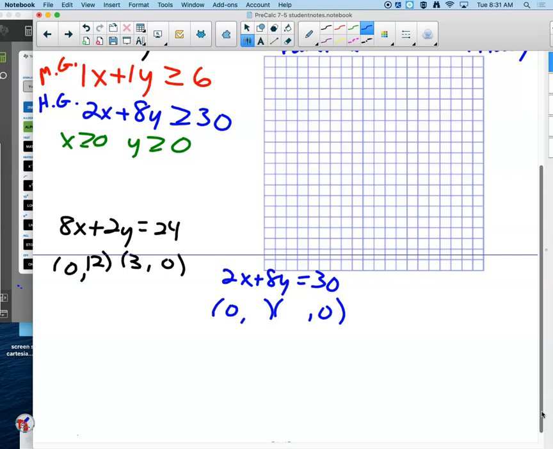Not quite so pretty, huh? That'll be 3/8ths. So 15/4. And then 15, 0. Oh, I forgot the middle one. It's a good thing I color coded.